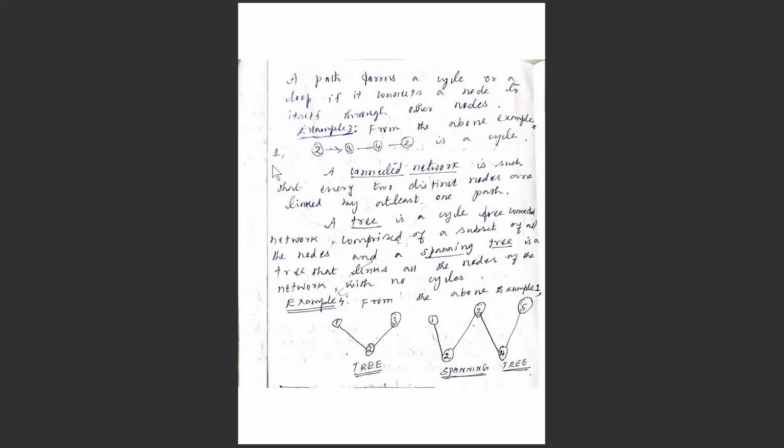Next, what is a tree? A tree is a cycle-free connected network comprised of a subset of all the nodes. It is not the collection of all the nodes, it's a subset of all the nodes. And it should be a cycle-free connected network. From the network given in example 1, I take 1 to 2, 2 to 3 as a tree.